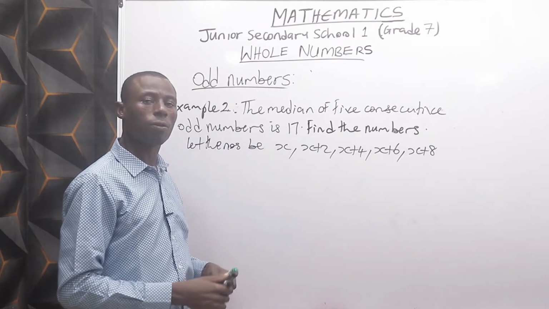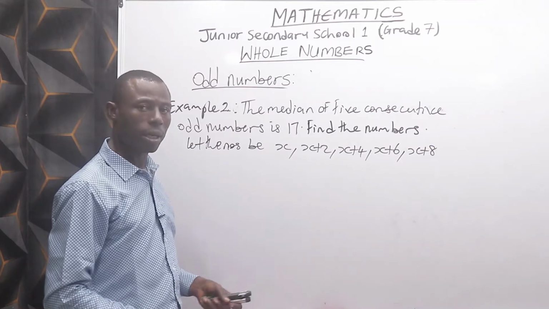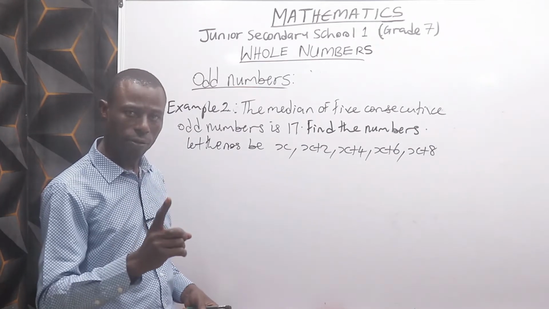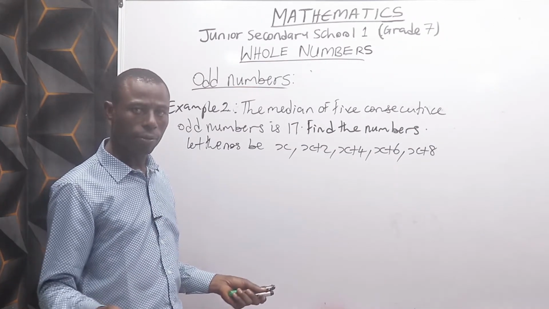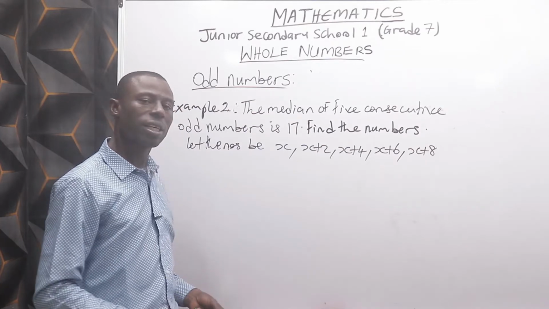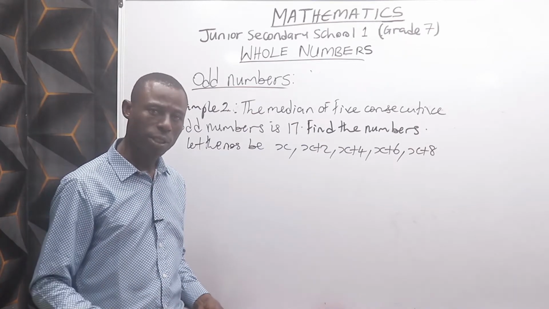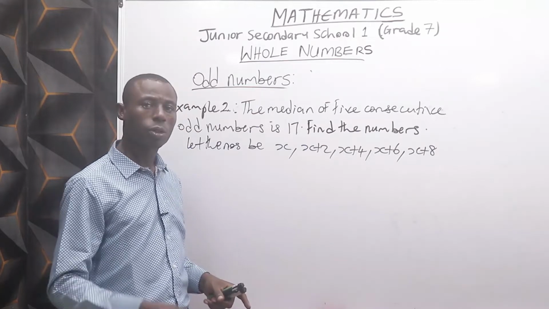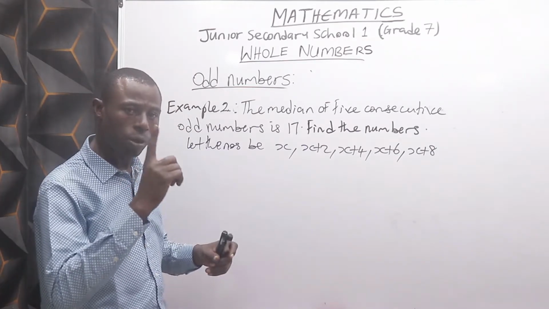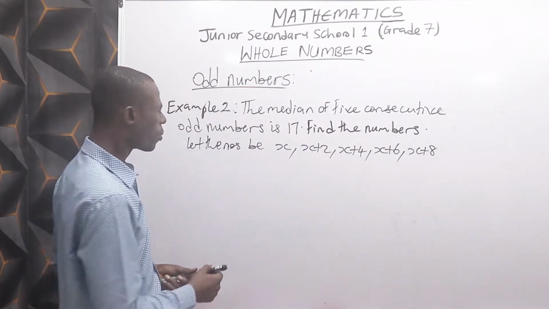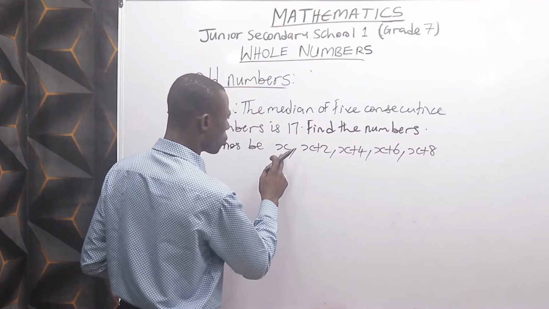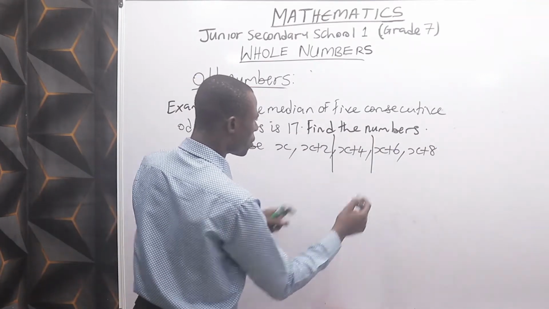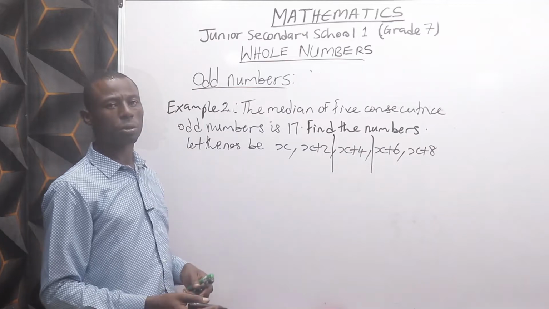If the number of items in the data is 5 or any odd value, definitely the median of such a set of numbers will be a single number in the middle. Therefore, the median here will be this x plus 4 in the middle.